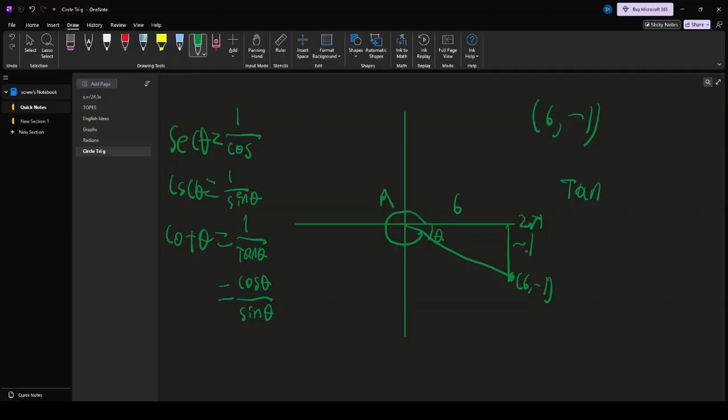We have the opposite and the adjacent, so tan theta equals -1/6. And then you punch this into your calculator, tan inverse. There's no exact value for this calculation, so I'm just going to approximate it to -0.7.